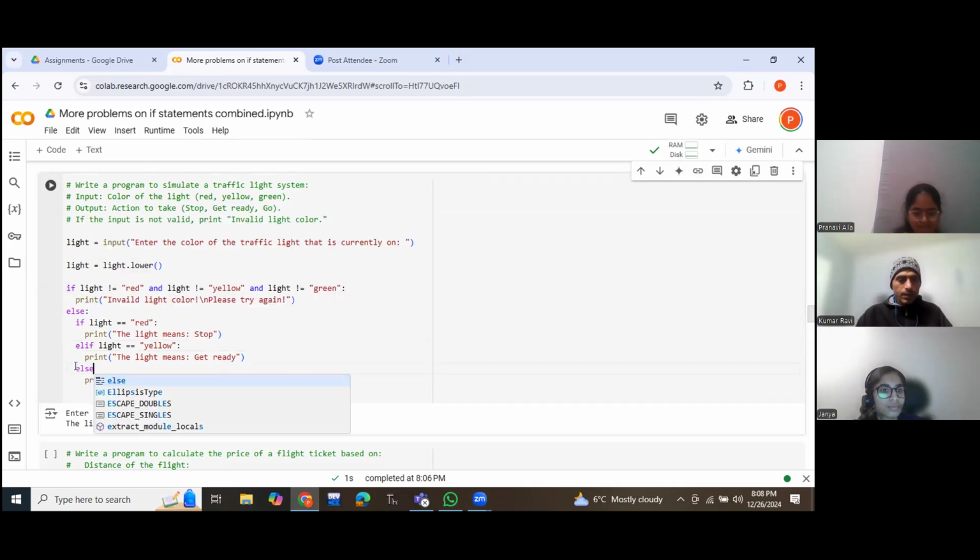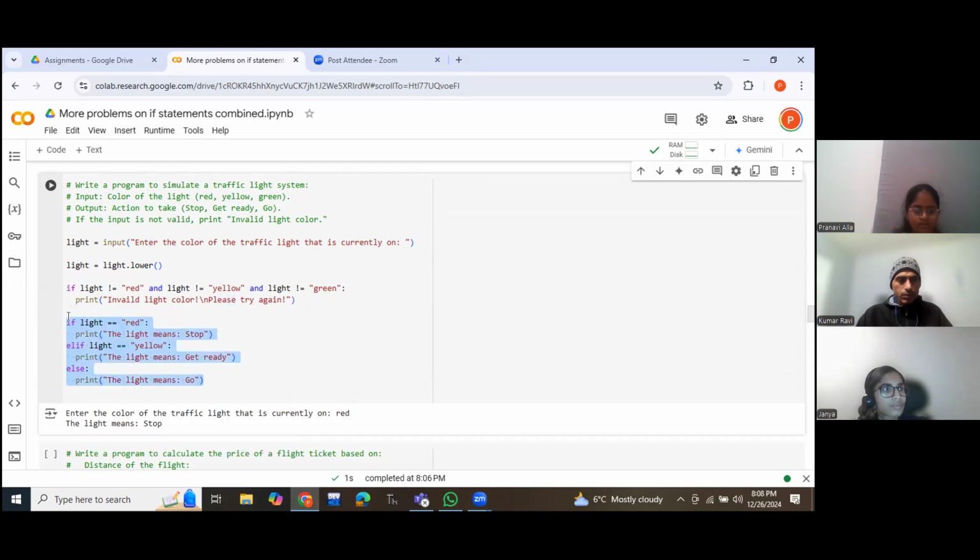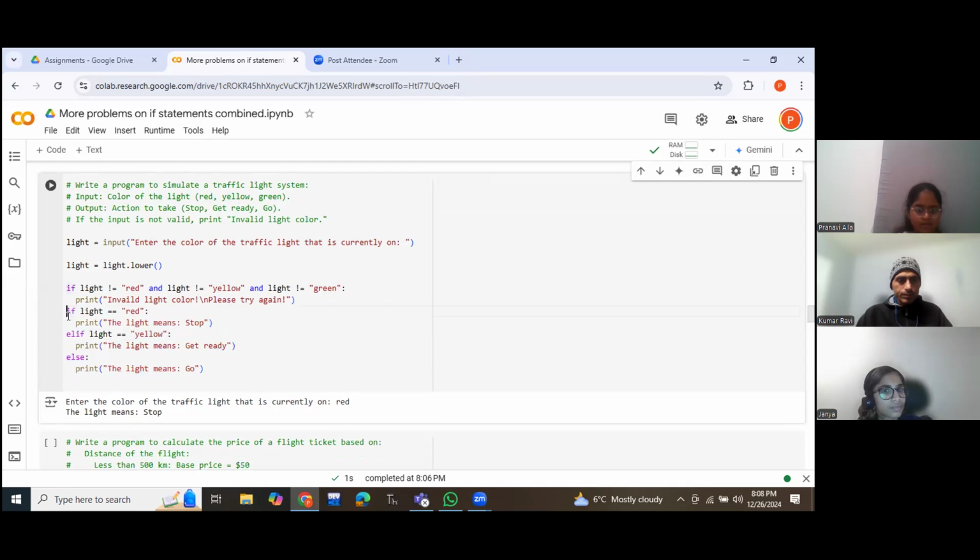Here also you can make an elif. So light equal to yellow, else this light means go. Stop, get ready, else go. Good. Yes, sir. Next.